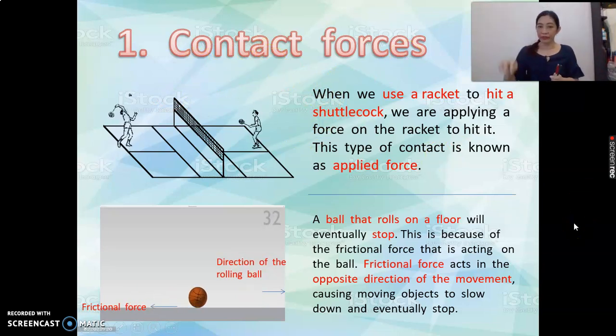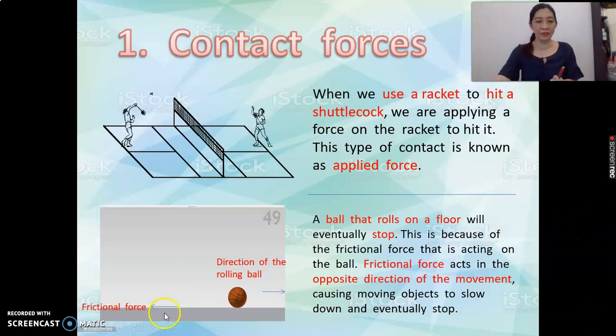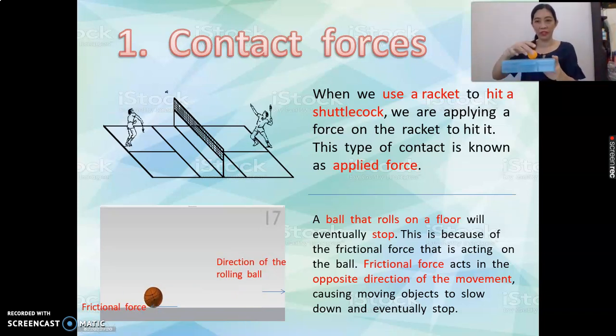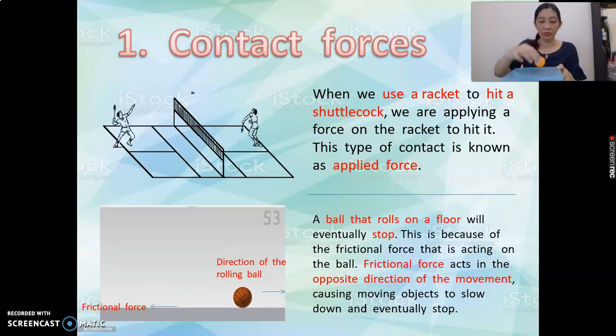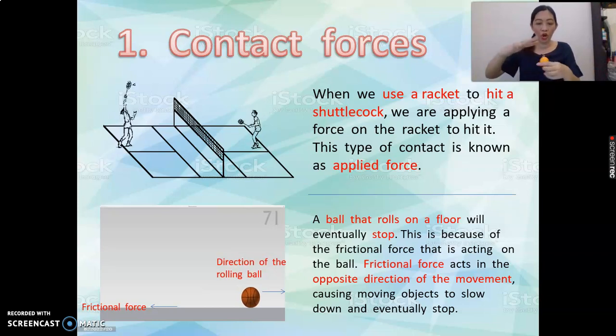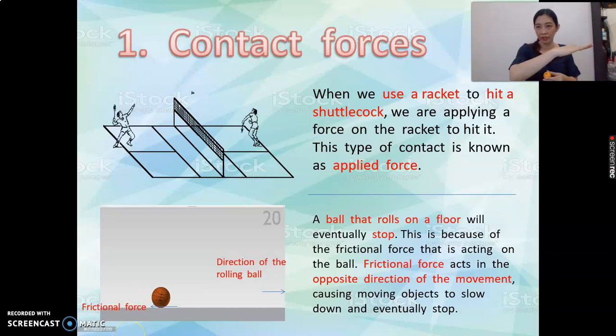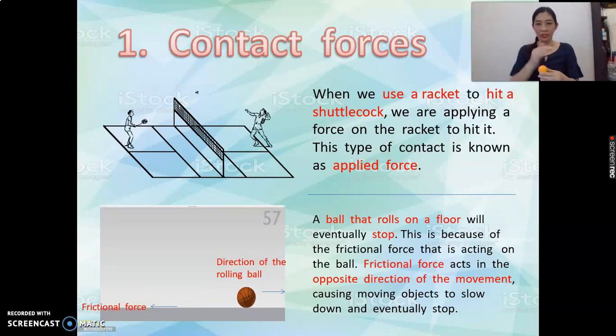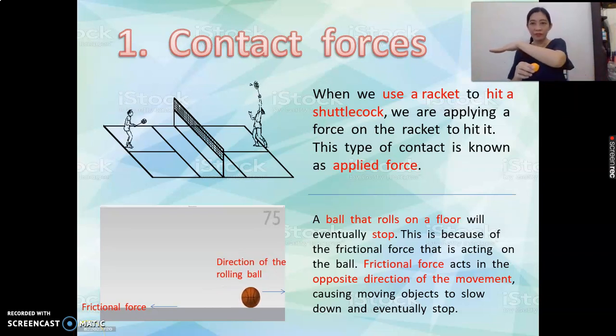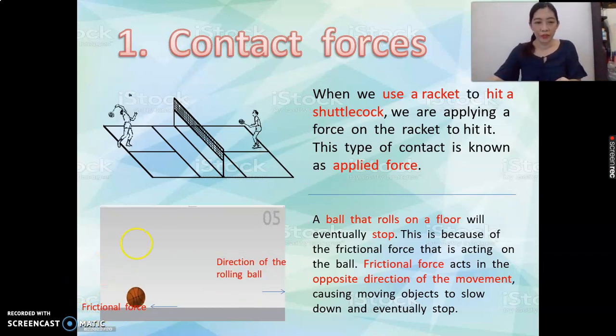Okay, the fourth example is frictional force. Example, this is the ball. This is the floor. The frictional force goes in the opposite direction, and this is the direction of the rolling ball.